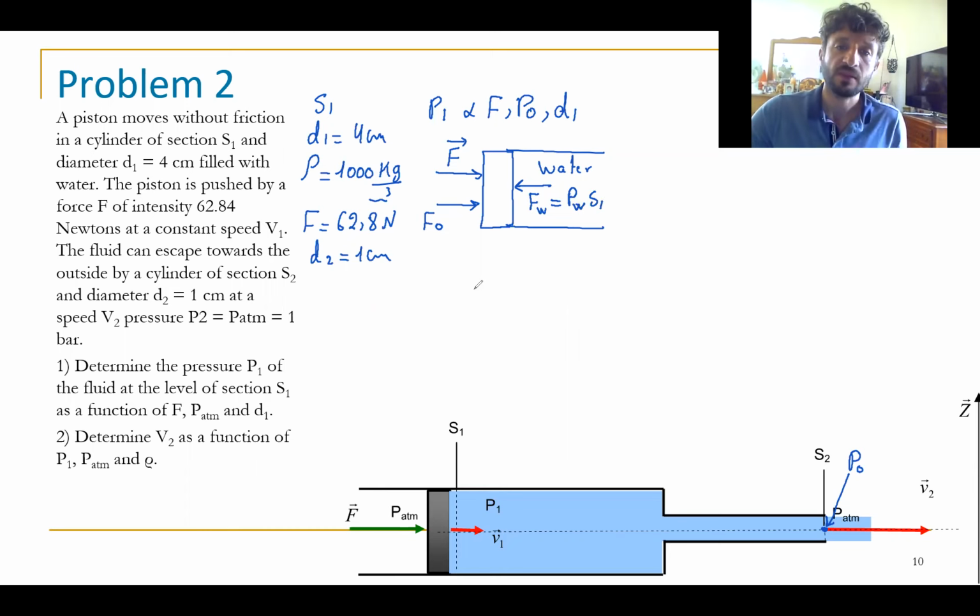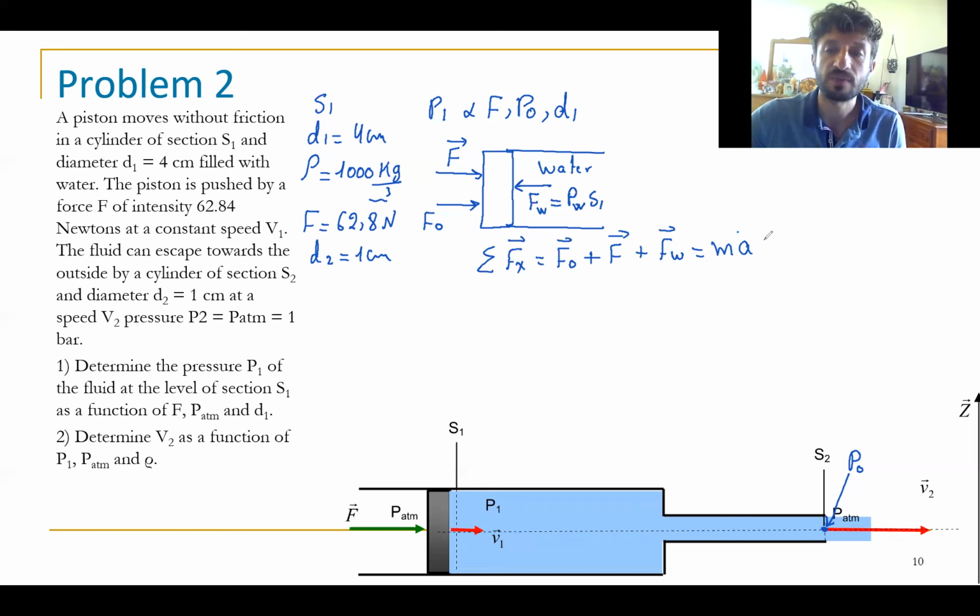Now we can apply Newton's law along the x-axis: F plus F0 plus F water equals m a, the mass of the piston times a. We have a constant velocity, so a equals 0.